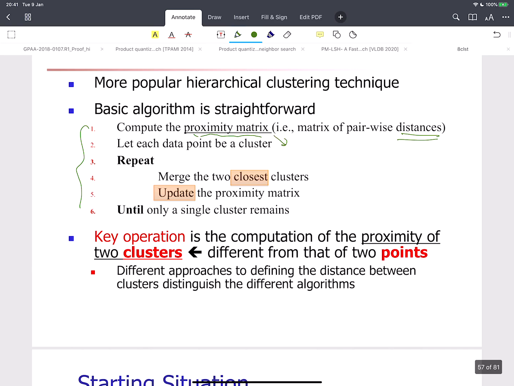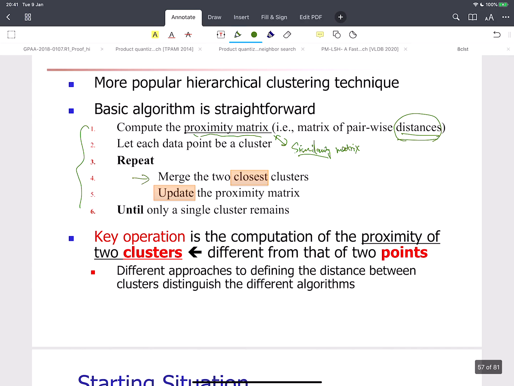Another one is that you can replace this by a similarity matrix, where each entry is a pairwise similarity. Usually distance is a notion of dissimilarity, so if two points are similar, they should have a high similarity value and a low distance value, or dissimilarity value.